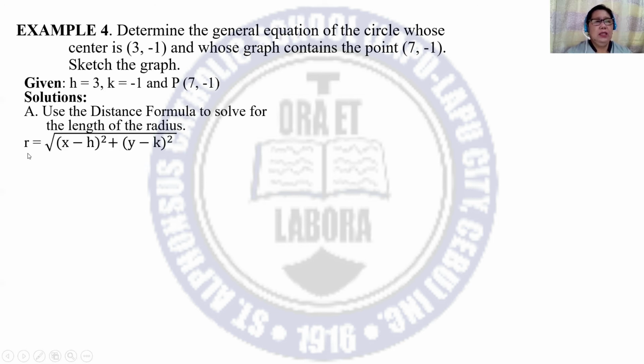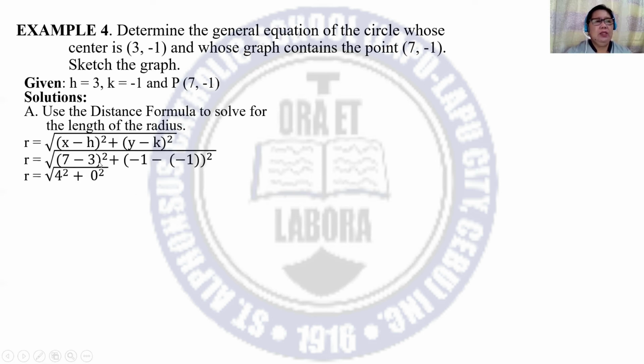So, recalling the distance formula, r is equal to the square root of the square of x minus h plus the square of y minus k. So, x is equal to 7, h is 3, y is negative 1, k is negative 1.